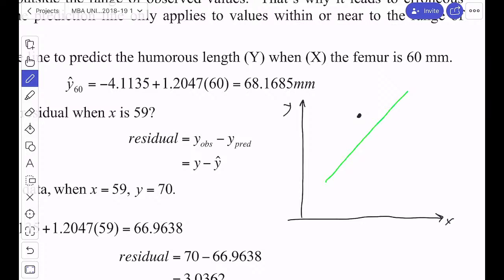And what I want to do is for this value here, let's say there's a break in this axis, so don't use this as the origin or anything.